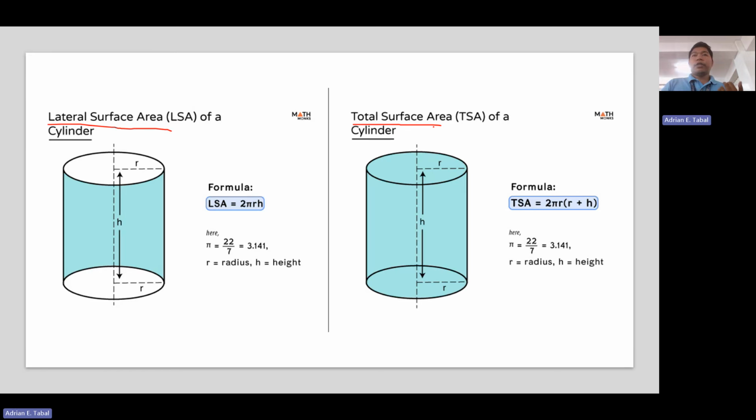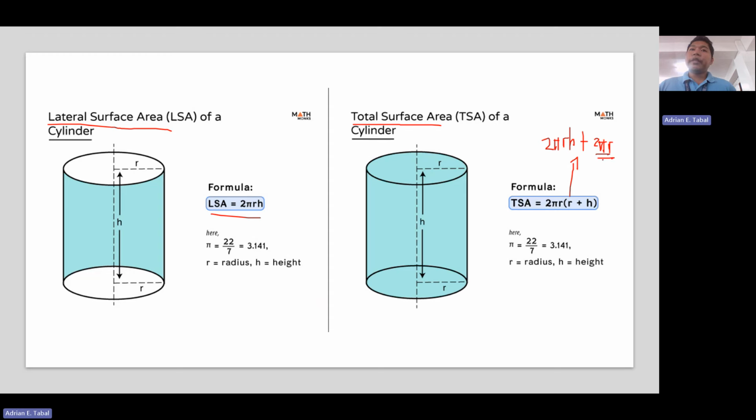But with regards to total surface area, apil ang lawas sa lata hasta ang takob o ang lubot sa lata. So we have the formula for lateral surface area, which is 2 pi rh.